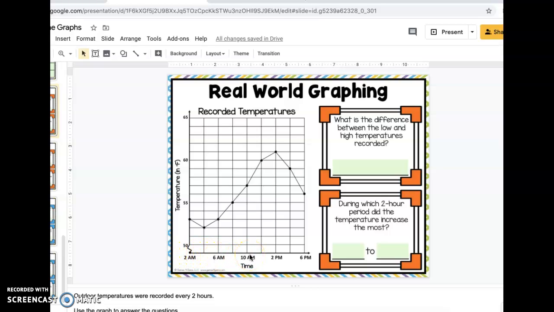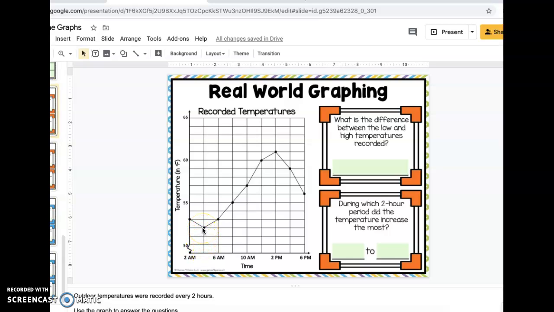I think that they're skip counting by 2. So this is 2 a.m., 4 a.m., 6 a.m., 8 a.m., 10 a.m. And then I notice that this is 50, 51, 52, 53, 54, 55. Okay, so this is by ones on my temperature, and it's skip counting by 2 hours on the bottom for the time. So, at 4 a.m., it was 52 degrees.